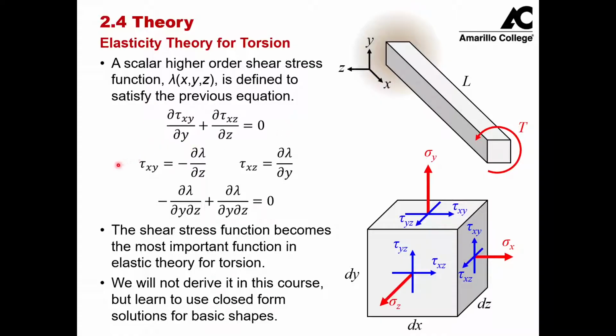must be true. And I can define it by saying that negative the derivative of lambda with respect to z is going to be equal to tau xy, and the derivative of lambda with respect to y is going to be equal to our shear stress xz.